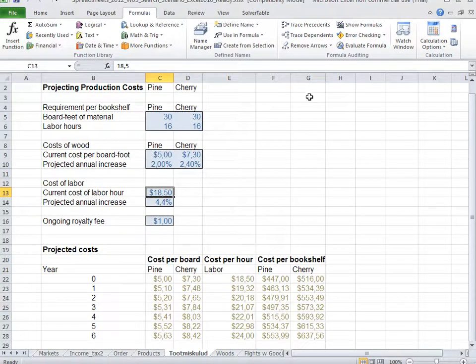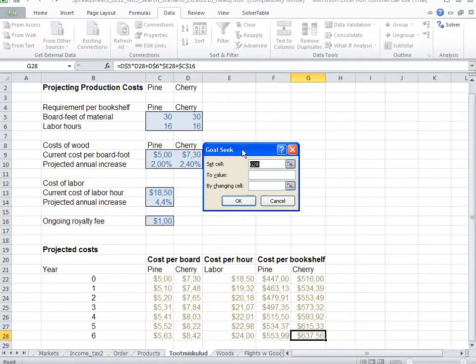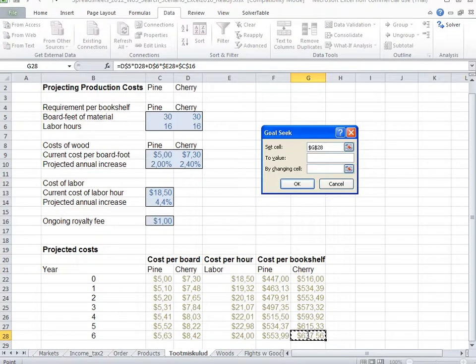Let's equate this with 600 exactly. So it's data, what-if analysis, and goal seek. We want to set the cell cherry's final price.